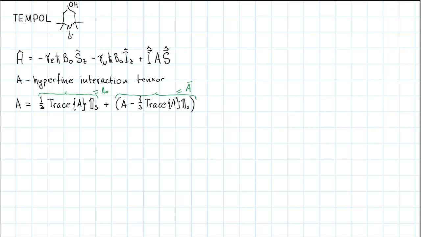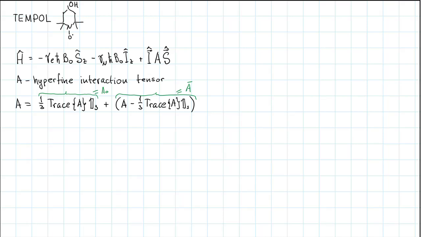Now I have to point out that the dissolved radicals are moving very fast due to thermal motion. It means that the tensor A is changing its value in the laboratory frame very fast. This happens because the principal axes of tensor A, which are linked to the radical molecular frame, are changing their orientation in the laboratory frame very rapidly.